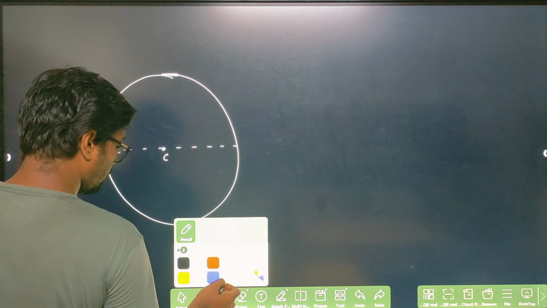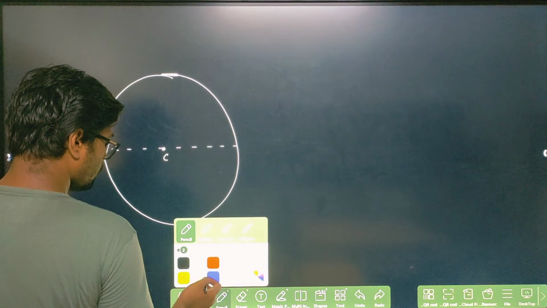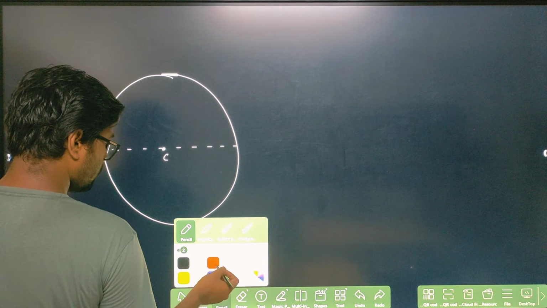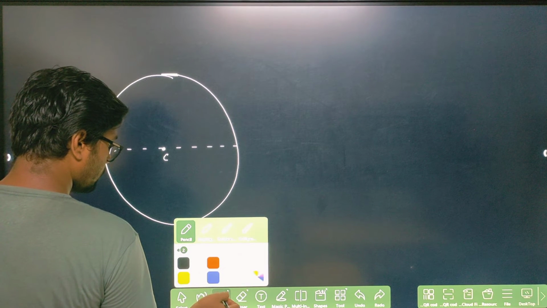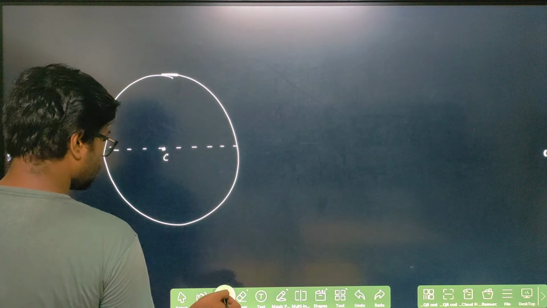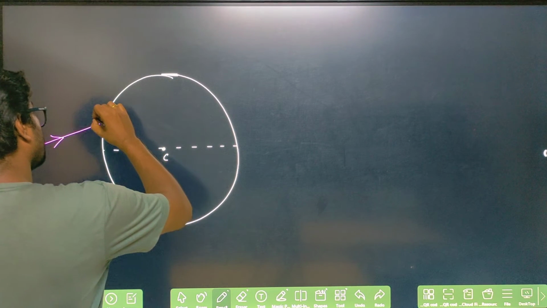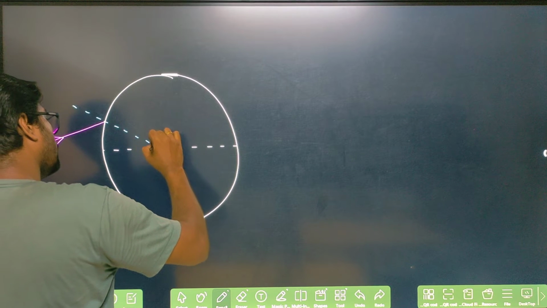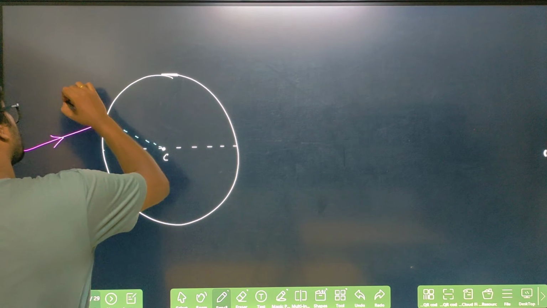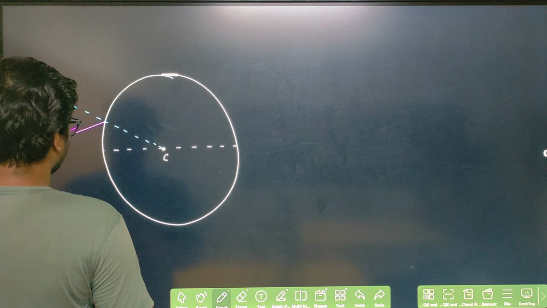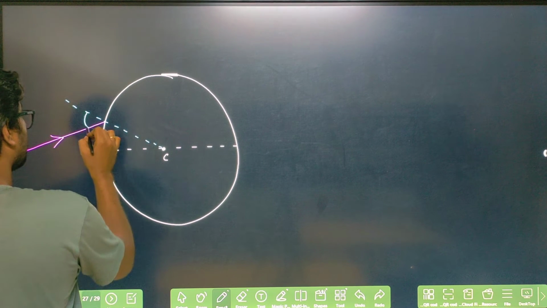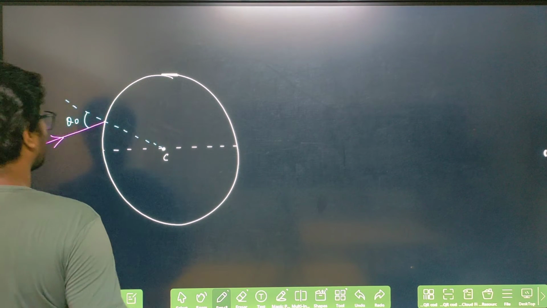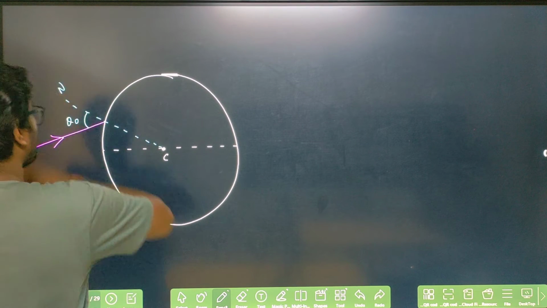And you know that the normal to the sphere is basically perpendicular to it, and it is passing through the center. And this angle they have given, theta naught, the angle of incidence, and this is basically the normal, you know.